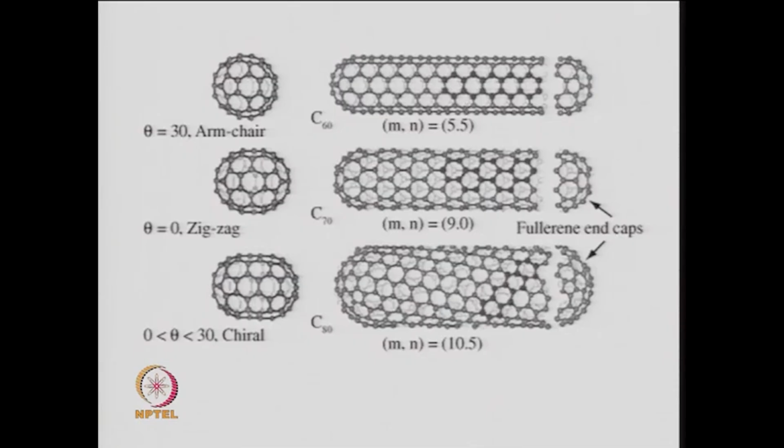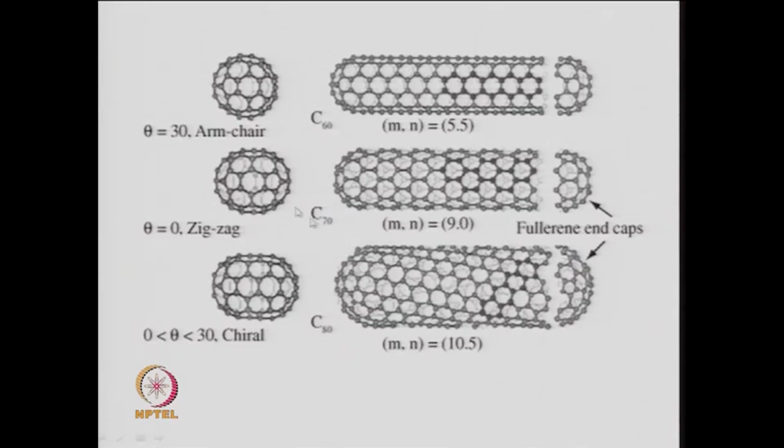However, for other nanotubes, to close the nanotube, the structure has to be different. So, for example, this is a nanotube where m and n are not the same and n is actually 0. So, the chiral angle is 0 and this is the zigzag form of the nanotube, and in this nanotube, to cap the end, you need a fullerene structure which is not the C60 structure, but is actually close to the C70 structure.